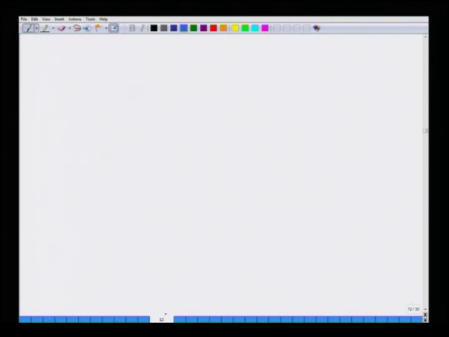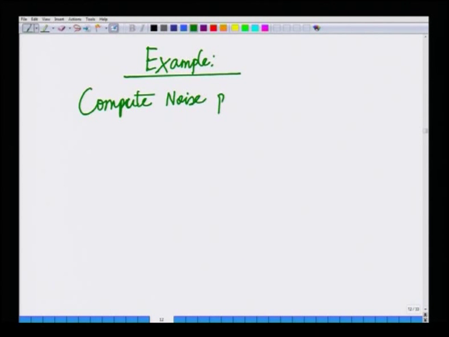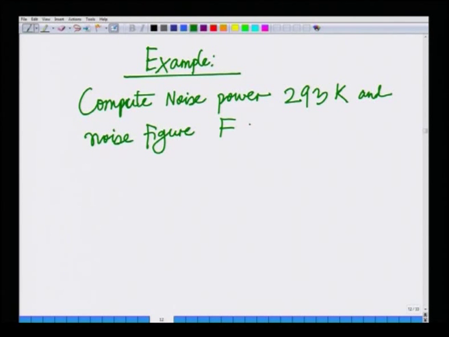For instance, let us consider this example. Compute the noise power at a temperature of 293 Kelvin and noise figure F equals 5 dB.